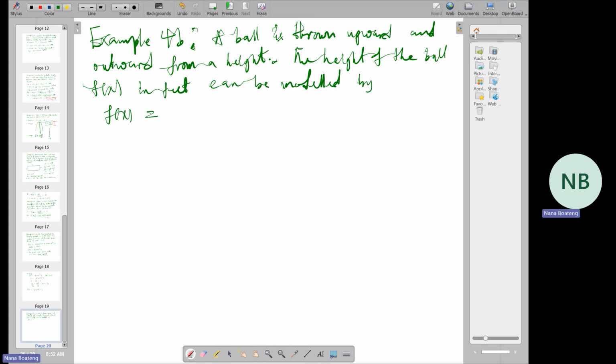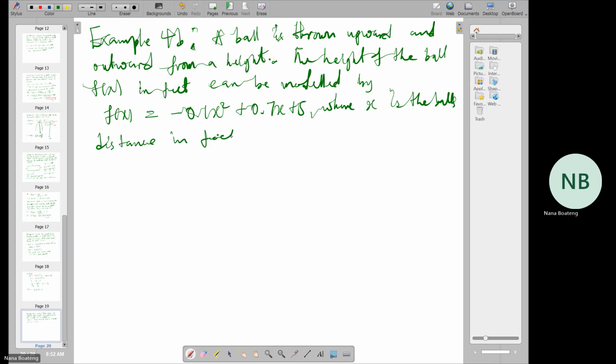f of x is equal to negative 0.1 x squared plus 0.7 x plus 5, where x is the ball's distance in feet from where it was thrown.